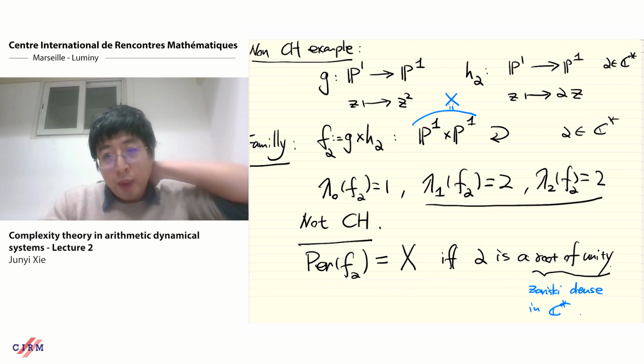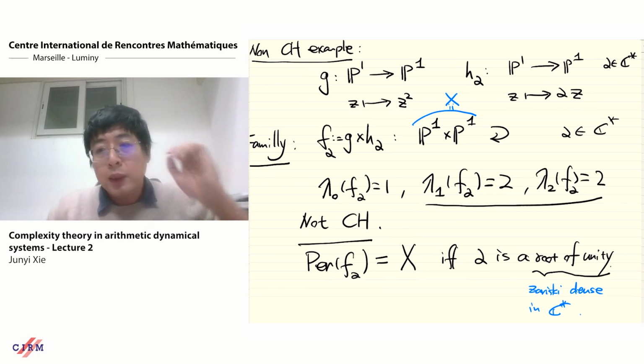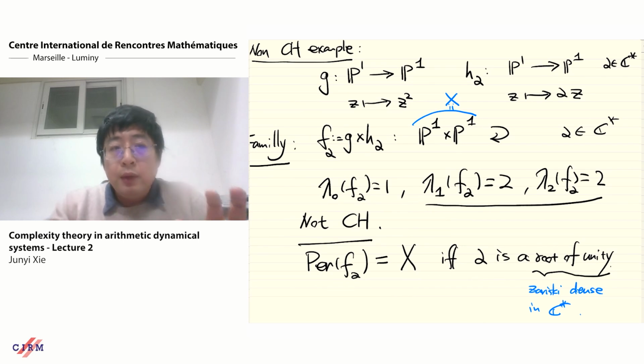But I think this is not a surprise, because even in differentiable dynamical systems, we cannot expect to prove some very good result for all dynamical systems. We usually need some hyperbolicity condition, and we think something like a hyperbolic system is quite robust.